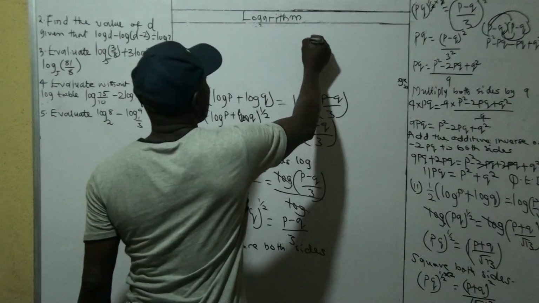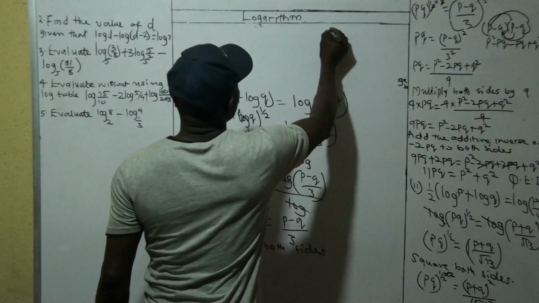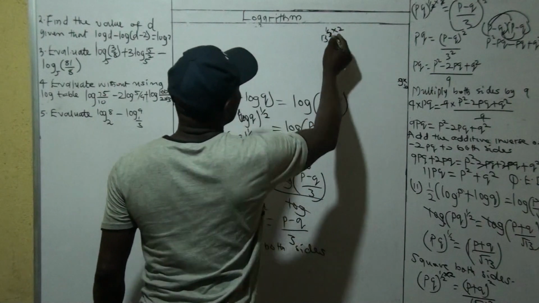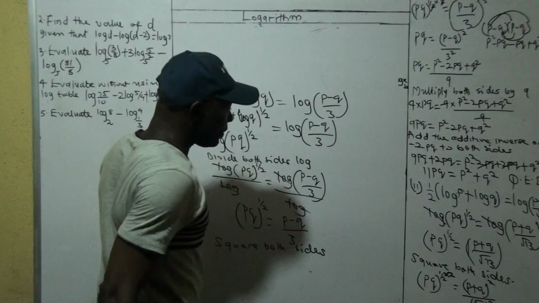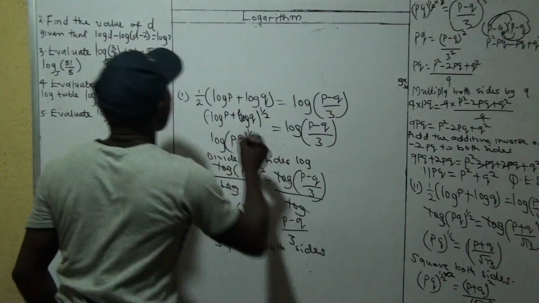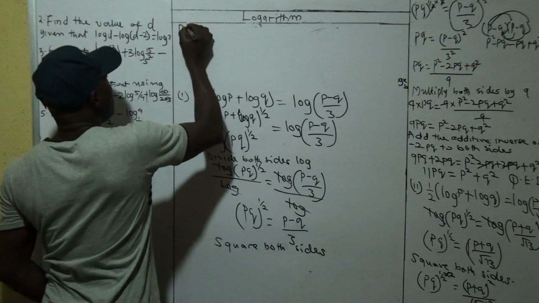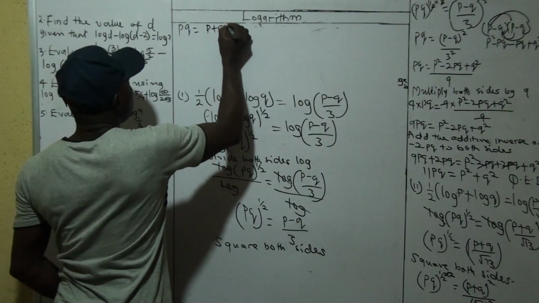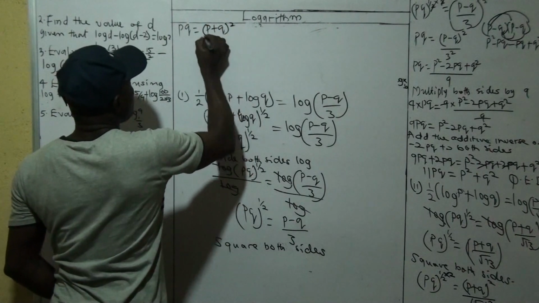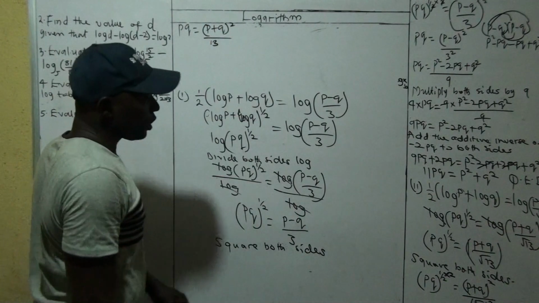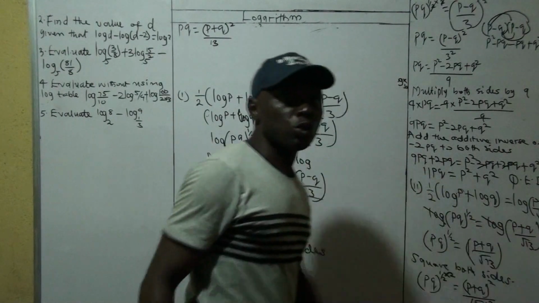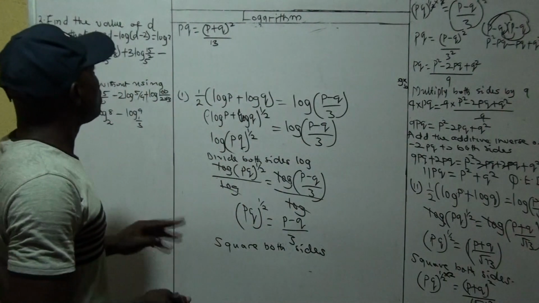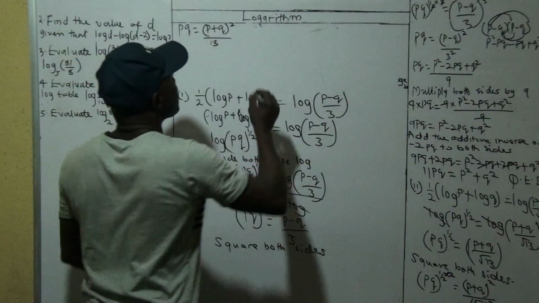So remember, this 13 is a square root, which means 13 raised to the half times 2, so it will just give us 13. So our equation becomes pq is equal to (p plus q) all squared all over 13, because if this is a square root and you square it, it becomes 13.